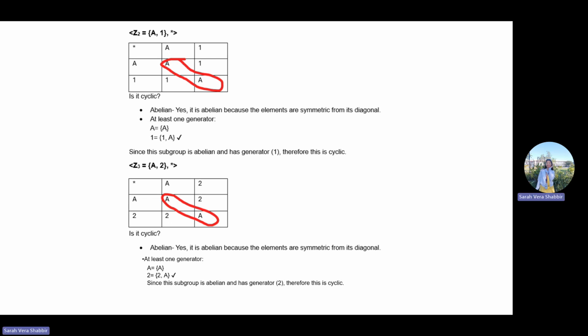And we have Z sub 3 with the elements A and 2. Also, it is symmetrical, therefore it is abelian, and it has at least one generator, which is 2, meaning this subgroup is also cyclic.